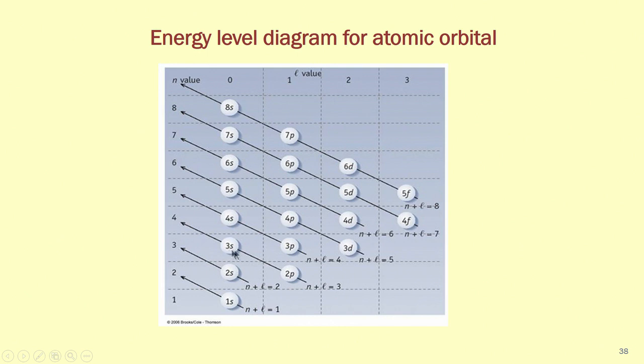So, 2s, 3s, 2p, and similarly there will be other orbitals filling up. I keep on filling up 1s, 2s, 2p, 3s, 3p, 3d, and then 4s, etc. This is a very simple pictorial representation available on Google.